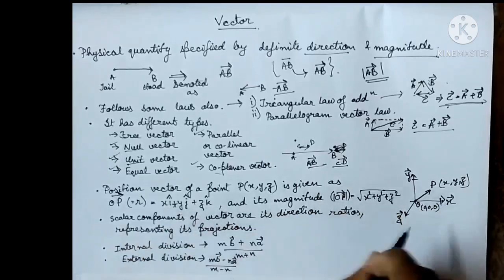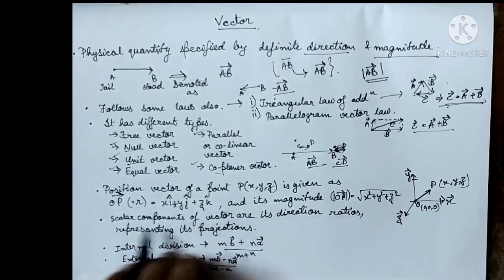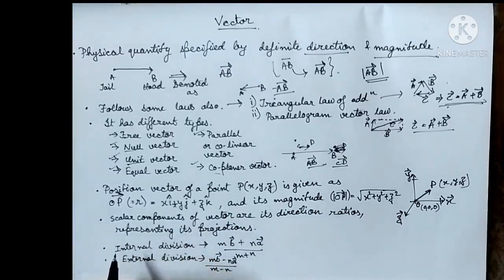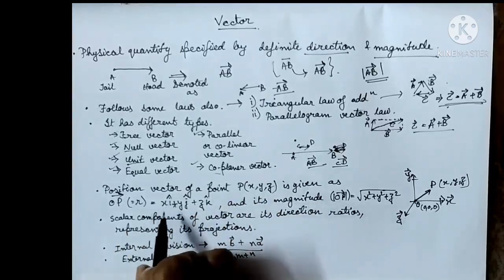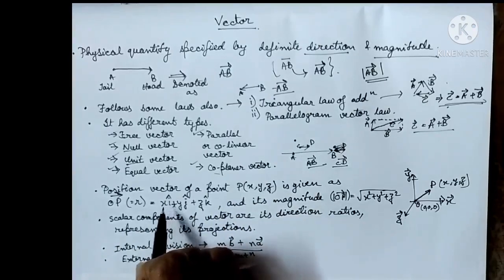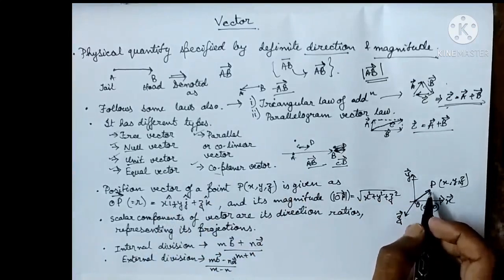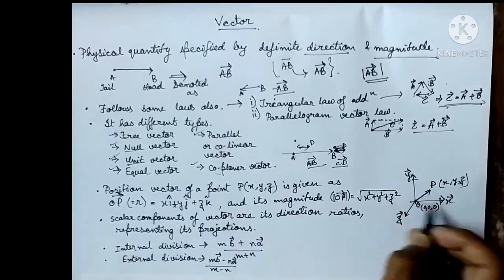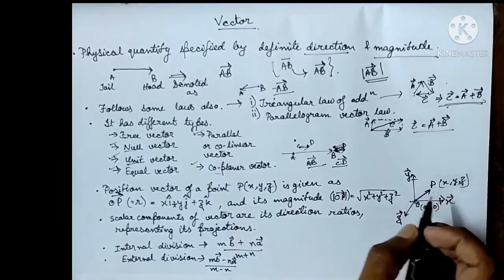For this one, the scalar components of a vector are its direction ratios, representing its projections. In simple language, in xi cap, x is the scalar product of OP with the x-axis, I mean the projection.